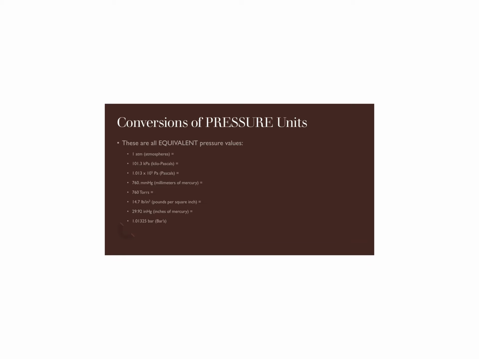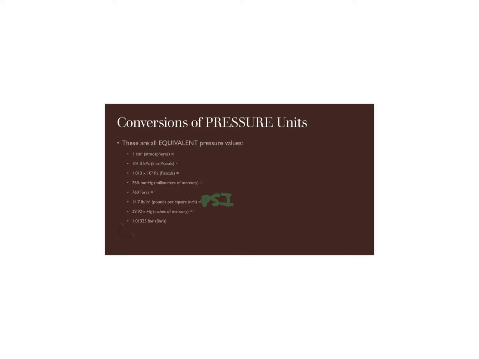So we have atmospheres, kPa, so I think of that as 101.3 kPa, but kPa stands for kilopascals, or we could have just pascals. Millimeters of mercury, that's one of the original ways to measure pressure. Torrs, pounds per square inch, or you might know this as PSI. So I'm going to write that PSI.